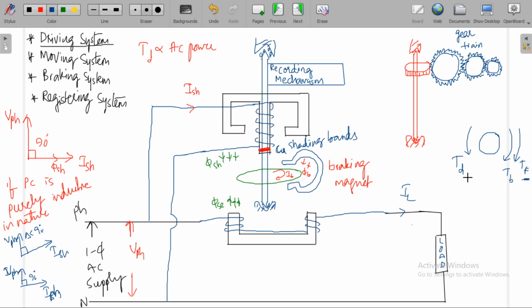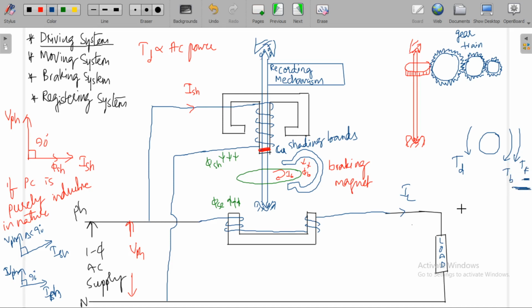So at light loads, the torque due to friction means the disc may not rotate, because this is an additional opposing torque. The opposing torque is more now.